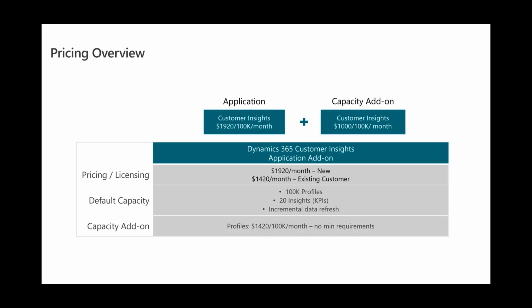And obviously, as you get more customers, you need to buy some add-ons. And if you're already a D365 or a Microsoft customer, the price is $14.20 per month. So that gives you 100,000 profiles, 20 KPIs, and your data gets refreshed incrementally. So from a software perspective, pretty straightforward.